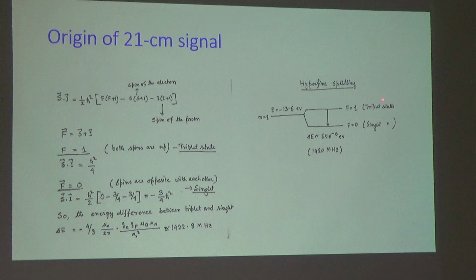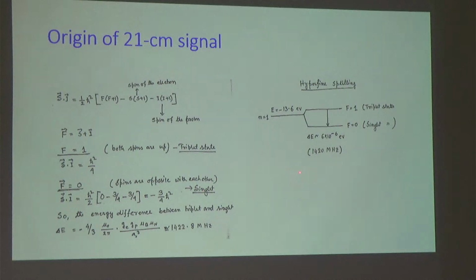Triplet because it has three degenerate states, and the energy difference between these two levels is of the order of 6 into 10 to the minus 6 electron volt. Now the corresponding frequency is 1420 megahertz. So that's how you can expect a transition with a frequency of 1420 megahertz.